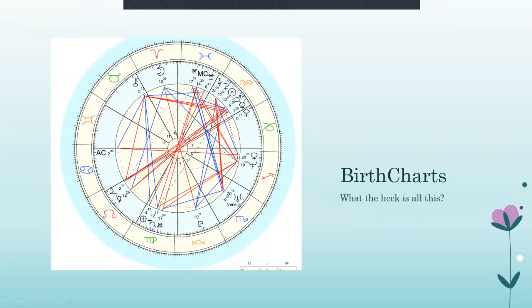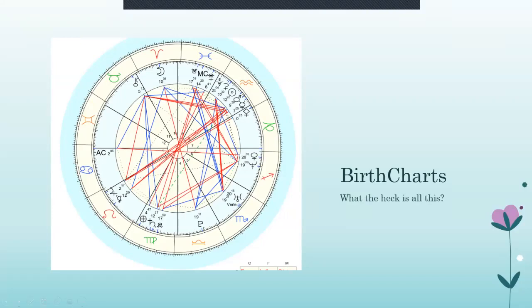Each house represents a certain area of life. So, for example, your fourth house is family. It's more than just family, but this is just for conversation since I'm going to do a video around houses. Your seventh house is partnerships and one to one relationships. Your 12th house is your subconscious. So it's looking at the different areas of your life.